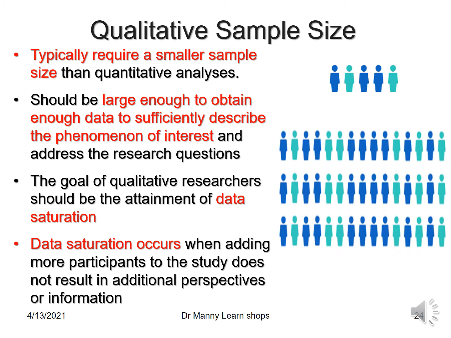So the goal of qualitative researchers should be the attainment of data saturation. And data saturation occurs, as we mentioned previously, when adding more participants to the study doesn't provide any additional or new information in relation to the topic that you are investigating. And when you get data saturation, the research data collection can stop.